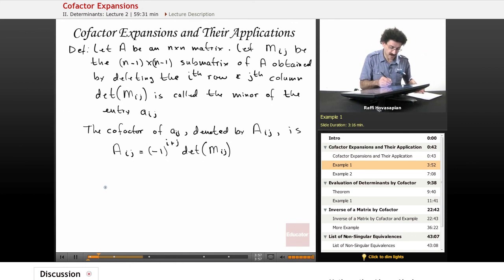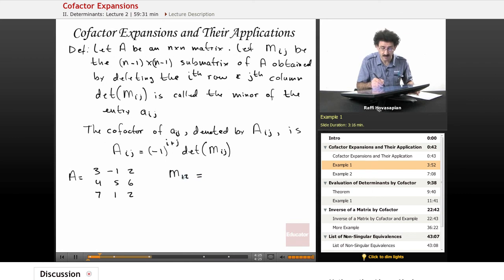So let's define our matrix A over here. We'll have 3, -1, and 2. We'll have 4, 5, 6, and the third row will be 7, 1, 2. Now M12, this is the submatrix that we get from crossing out the first row, second column.